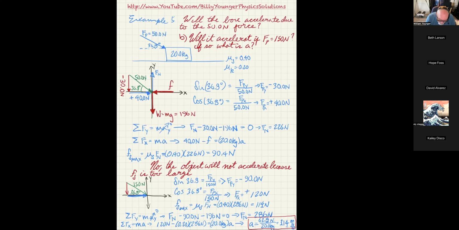Realizing that it exceeded the maximum static friction force, we knew the friction it would deal with would be kinetic friction. So I did F equals ma using the kinetic friction: 120 newtons minus 0.2 times 286 is equal to 20 kilograms times a, and that gave us a of 3.14 meters per second every second, and of course that's only good to one decimal place because of sig fig rules.